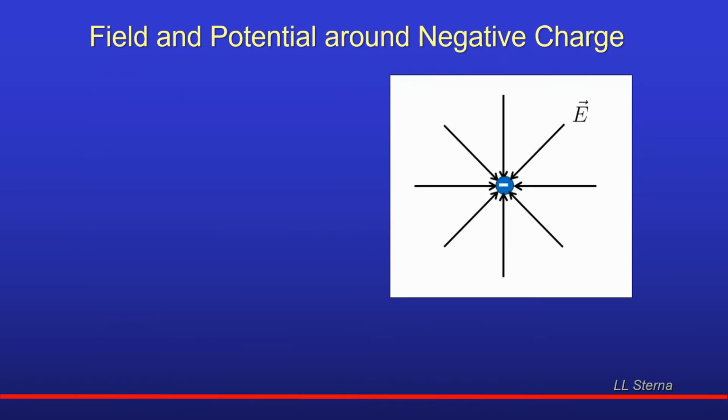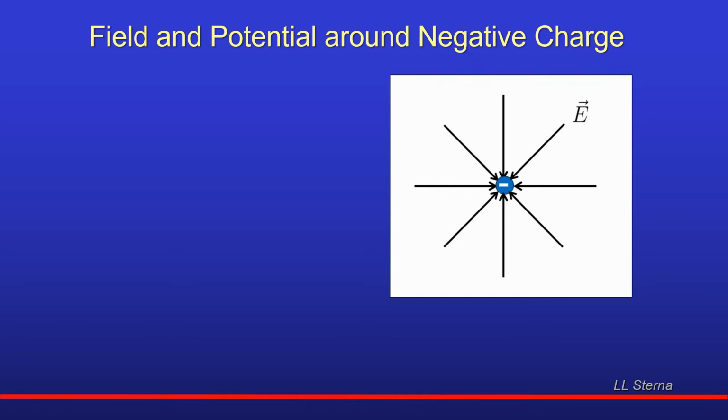Let's consider the field and potential around a negative charge. Remember, the field points inward toward a negative charge. The field has the same direction as the force would be if we brought a positive charge close to this charge.